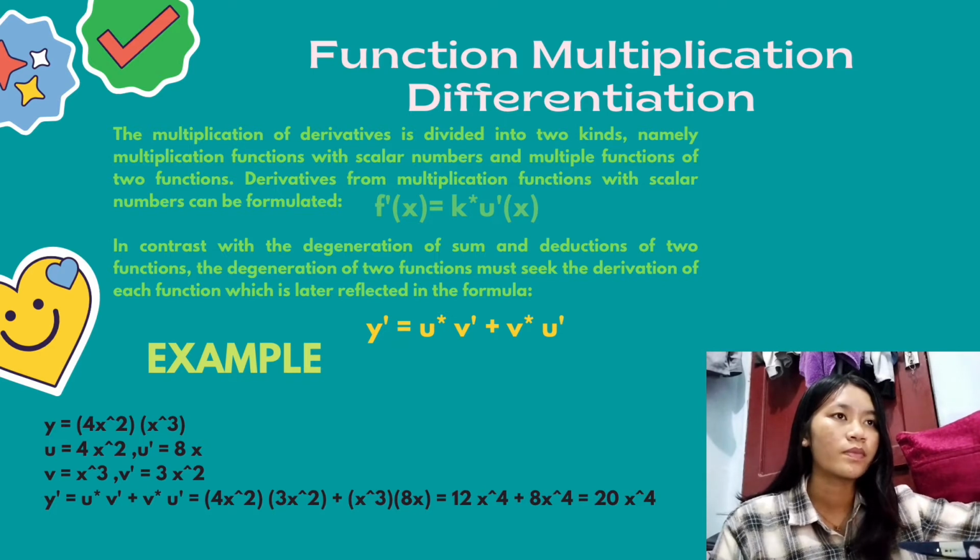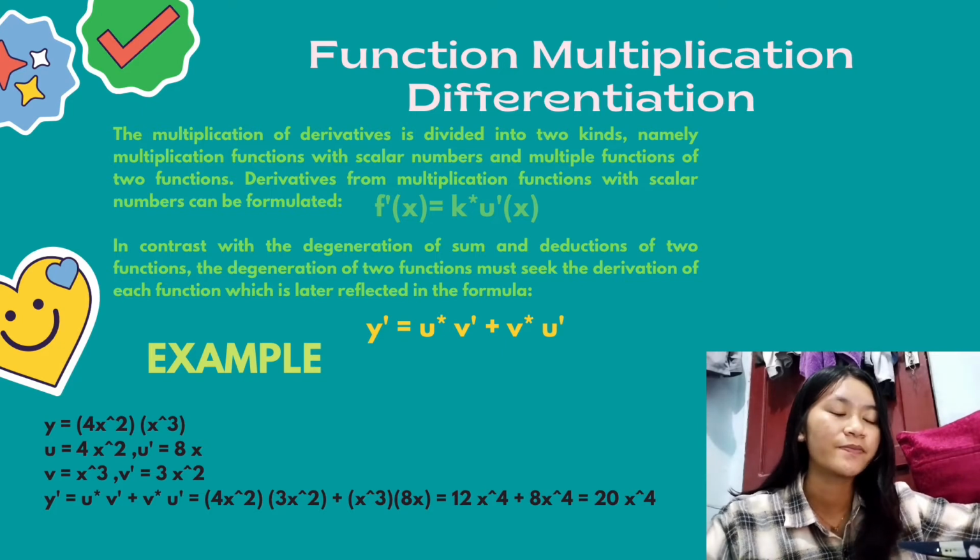The differentiation of a function multiplied by a constant follows rules that differ from the previous function rules.